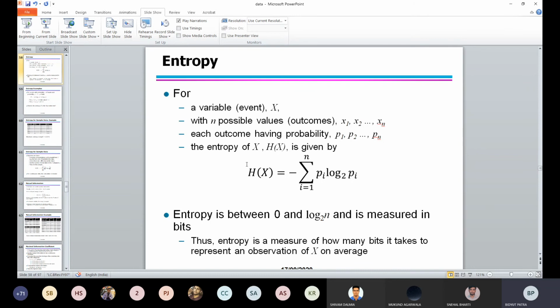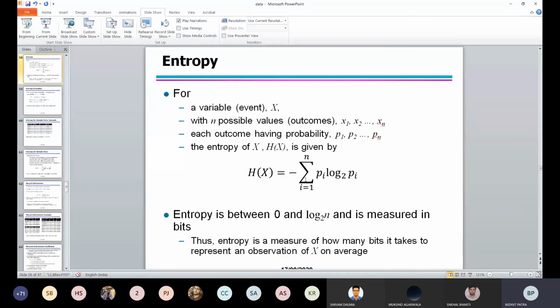Knowing those features, we can compute the entropy of the system, or entropy of the variable or attribute. This is the formula here: summation over the number of outcomes of p_i log2 p_i. p_i is the probability of that particular outcome, then you take the log and then the summation.